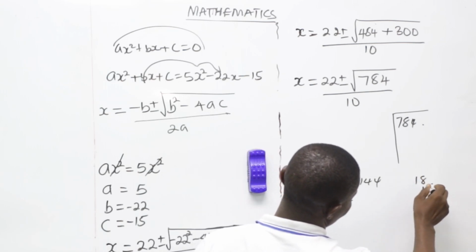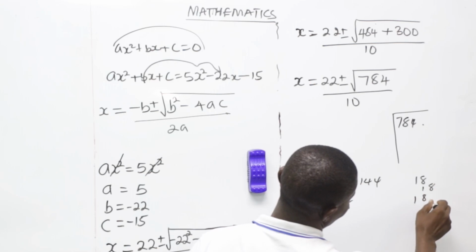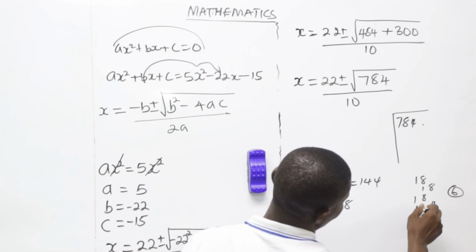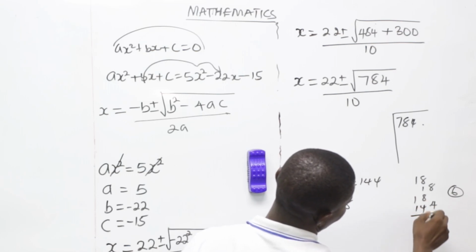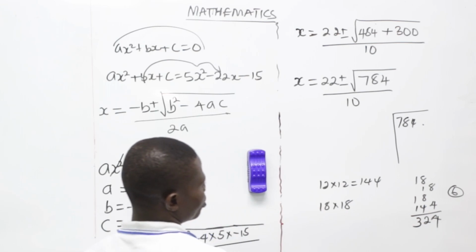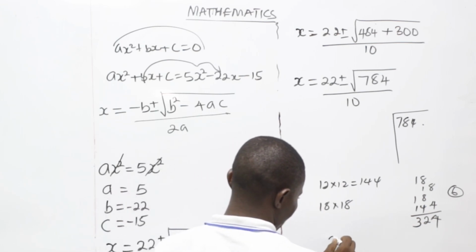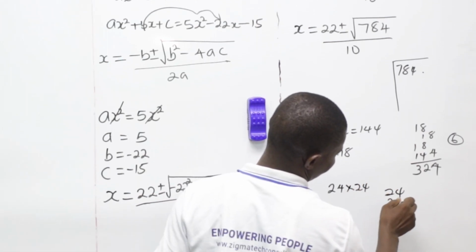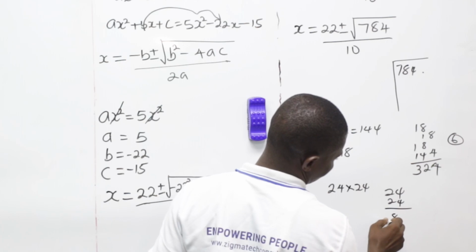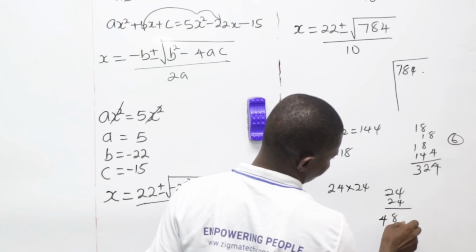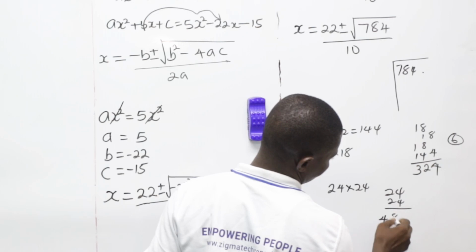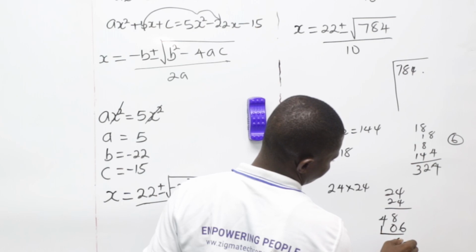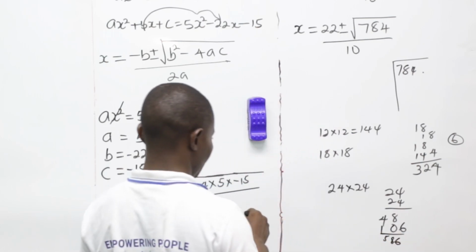18 times 18 is 324, it's not up to this. Let's say 24 times 24, 576, it's not up to.